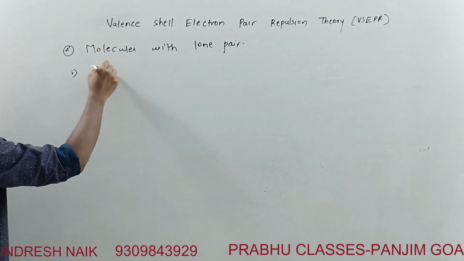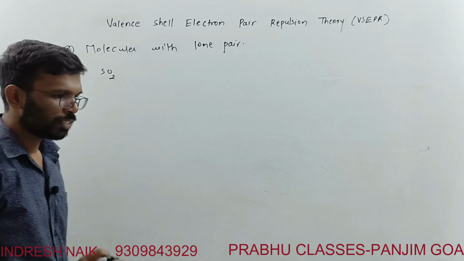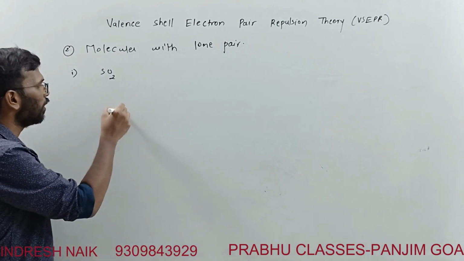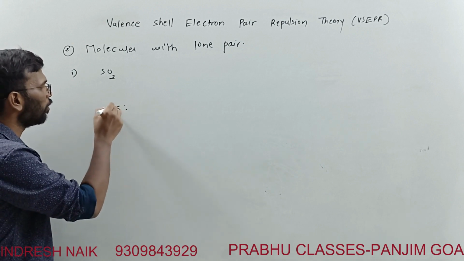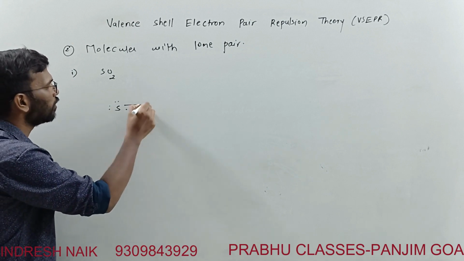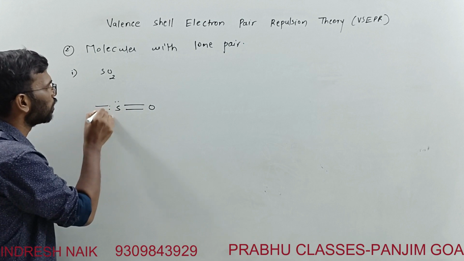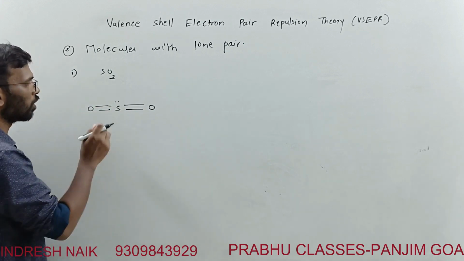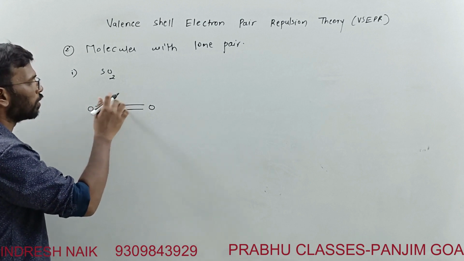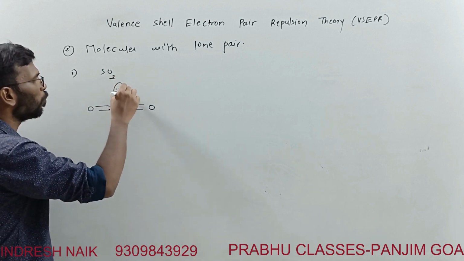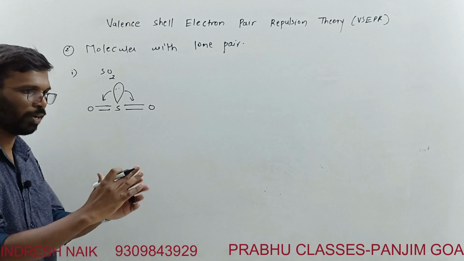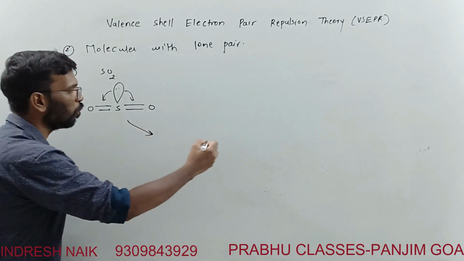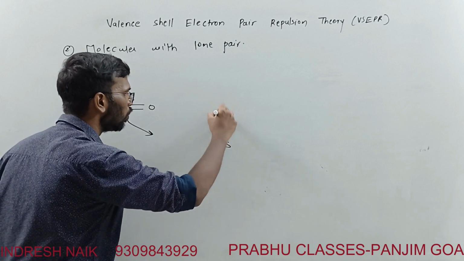We know that sulfur has how many valence electrons? It has 6 valence electrons, right? 1, 2, 3, 4, 5, 6. And this is the oxygen. It is a bivalent atom, and each oxygen forms 2 bonds. So in sulfur dioxide there is a lone pair on the sulfur. This lone pair is going to push this down and try to stay as far apart as possible. Now this angle will be changing to this.